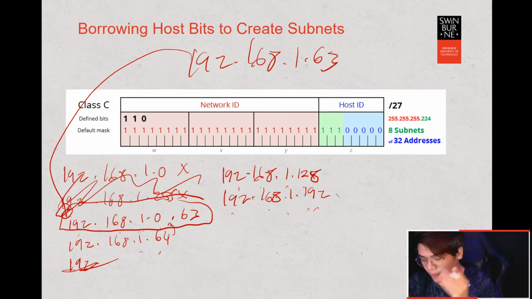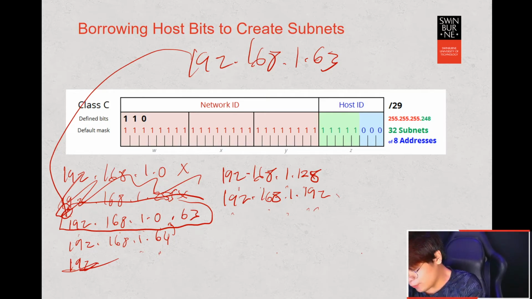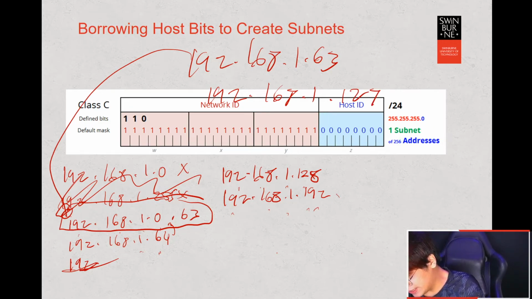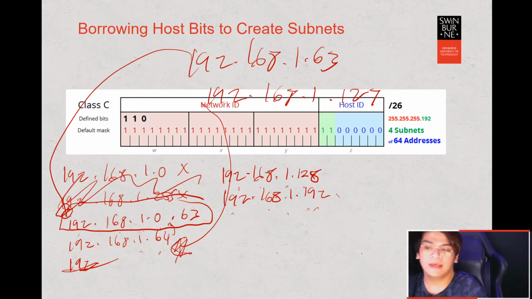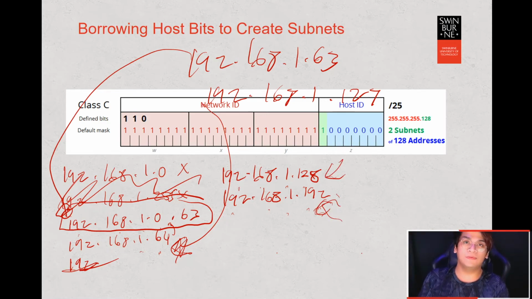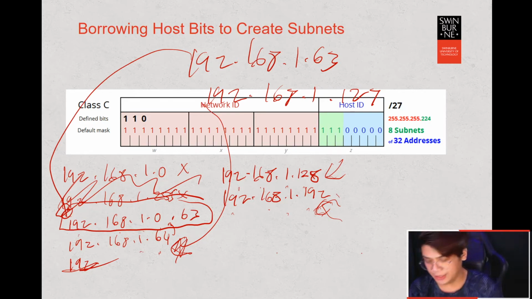For the next one, also the same: 192.168.1.127 cannot be used because it is that network's broadcast address, and likewise 191 and 255 because they are broadcast addresses.